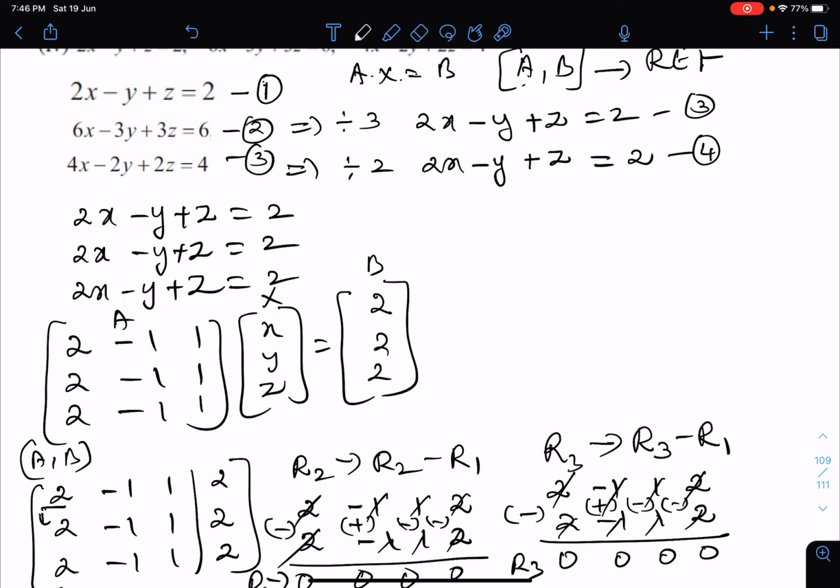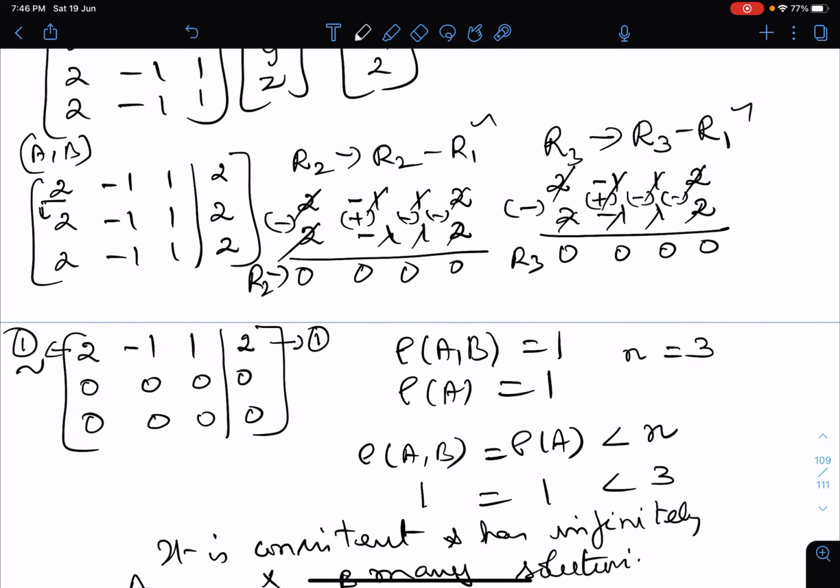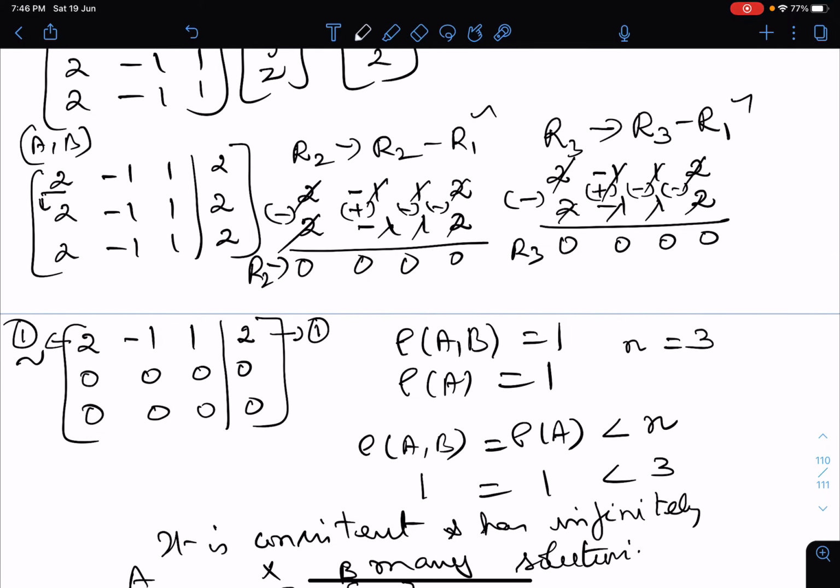Now we will see Ax equal to B. I have written Ax equal to B and taken the augmented matrix A comma B, and I am reducing the first column C1 using the help of row 1. Using row 1 I reduce row 2 and row 3, and both rows become 0.